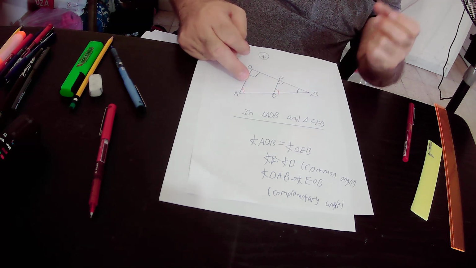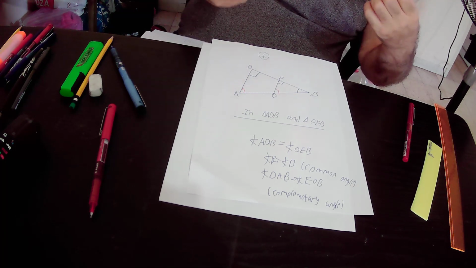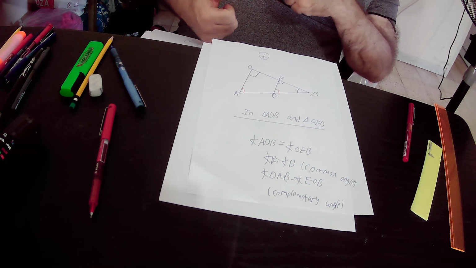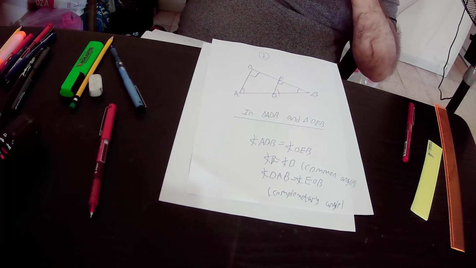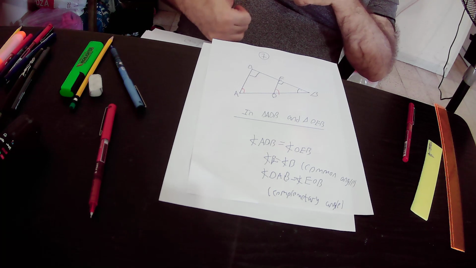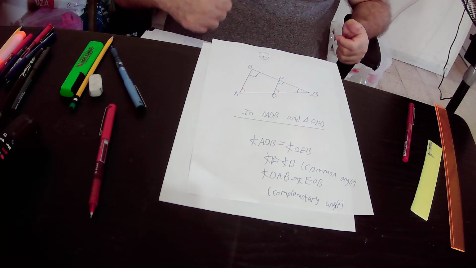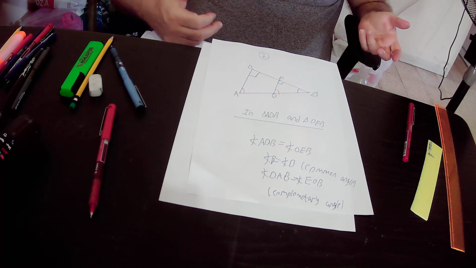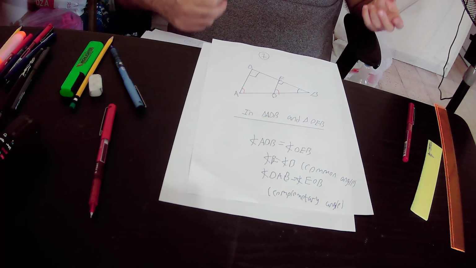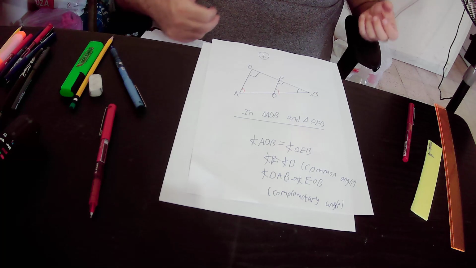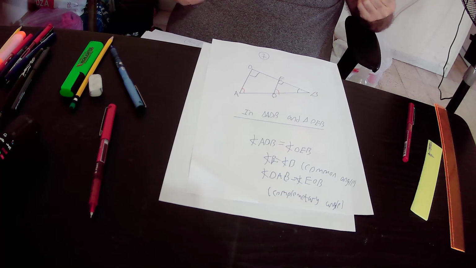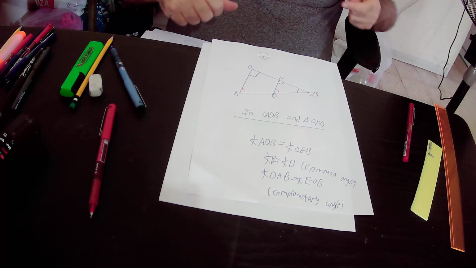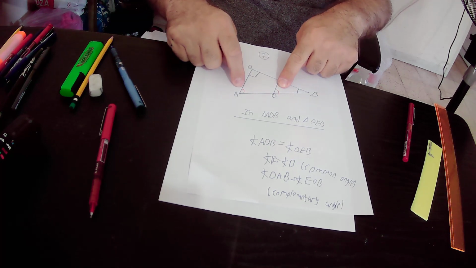If you have 2 triangles that have 2 equal angles, then the third angle of one triangle must be equal to the third angle of the other triangle, because the sum of the angles in any triangle equals 180 degrees. So those 2 angles must also be equal to each other.